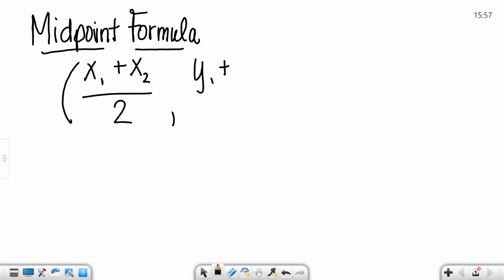Let's take the 2 y values, add them, divide by 2. Our answer is an ordered pair. That's why there's a comma in the middle, and that's why there's parentheses on the outside, because we'll get an ordered pair for our answer.